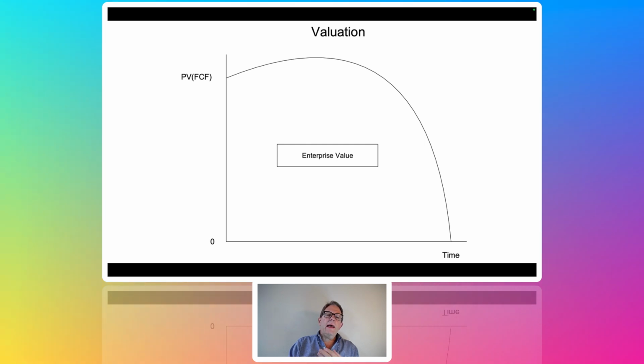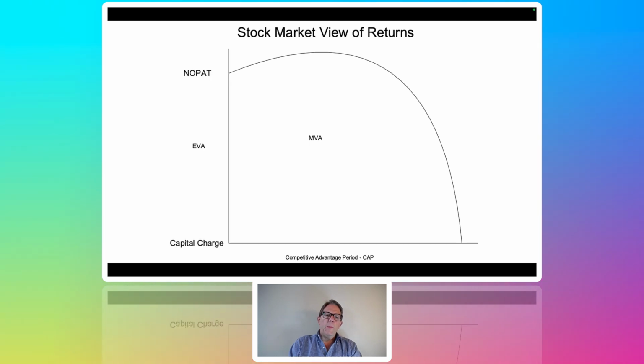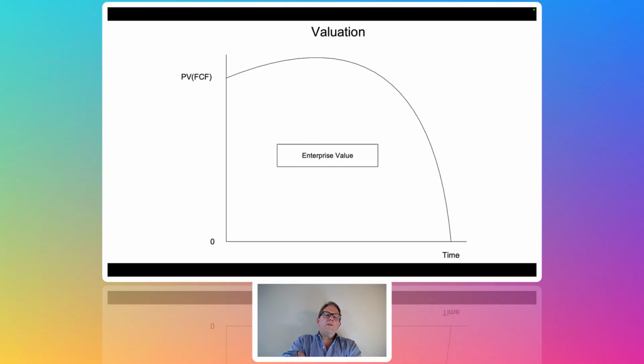And so one day I came up with this idea: wait, what if we did the present value of free cash flows? Rather than NOPAT, which is a nominal number each year, let's do the present value of free cash flow. And now all of a sudden, this becomes the enterprise value of the company. And that for me was a pretty important breakthrough.